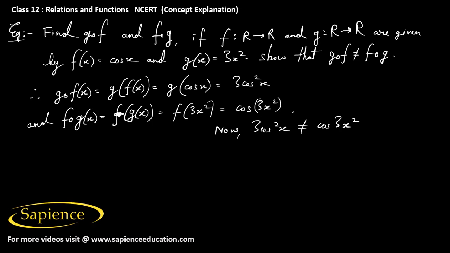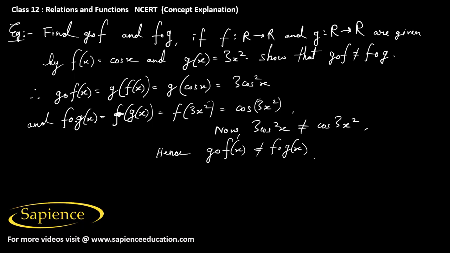If you put x equal to 0, then also they are not the same. So 3 cos square x is not equal to cos 3x square. Hence, we can say that g of f of x is not equal to f of g of x.